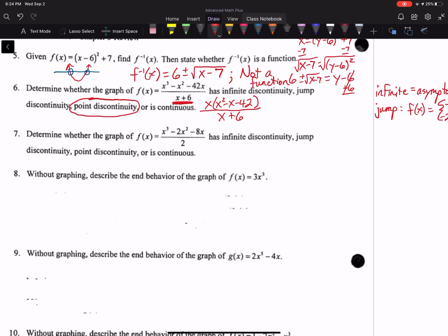But if I keep going, I can factor one more time to factor that trinomial. I need 2 numbers that multiply to be negative 42 and add up to be negative 1. Those are negative 7 and positive 6.